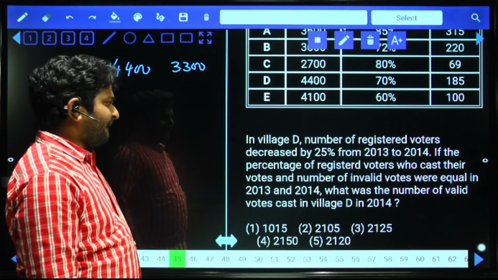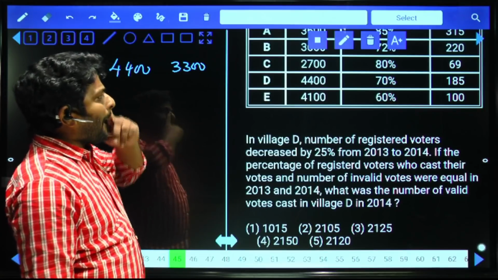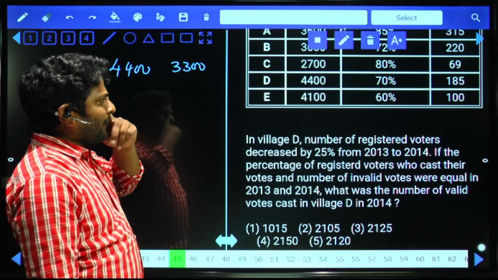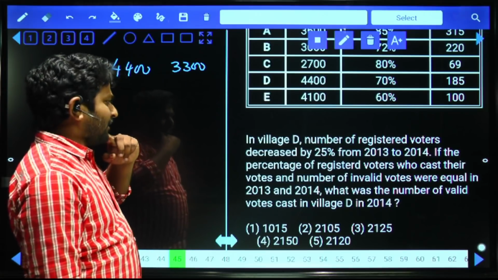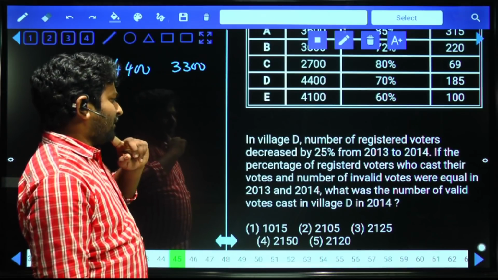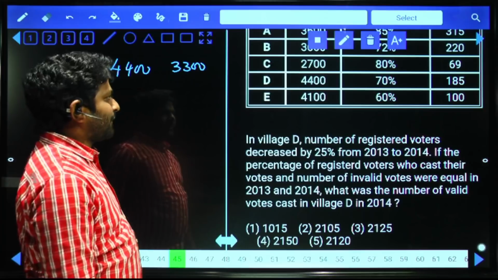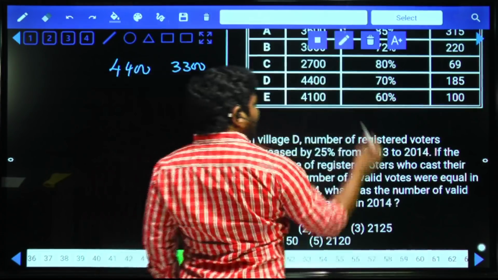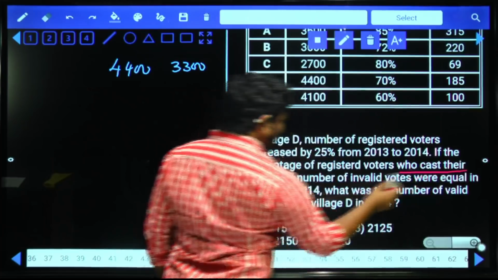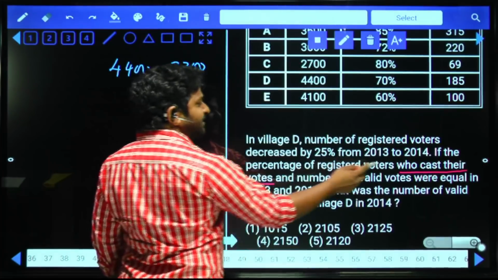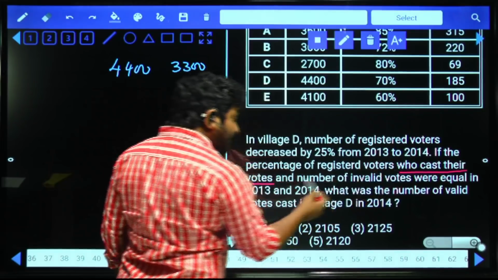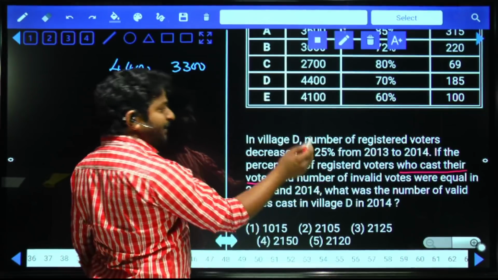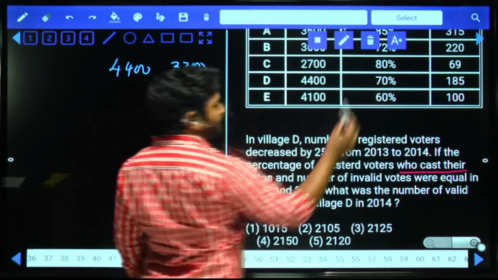Okay. If the percentage of registered voters who cast their vote, this is important, the percentage of people who cast their vote out of registered people, in D it is 70%.